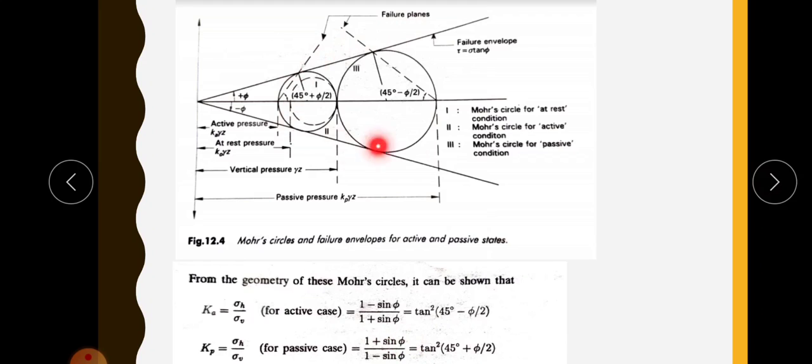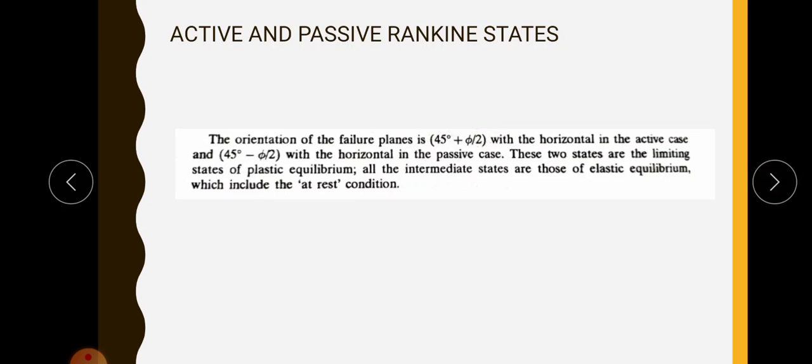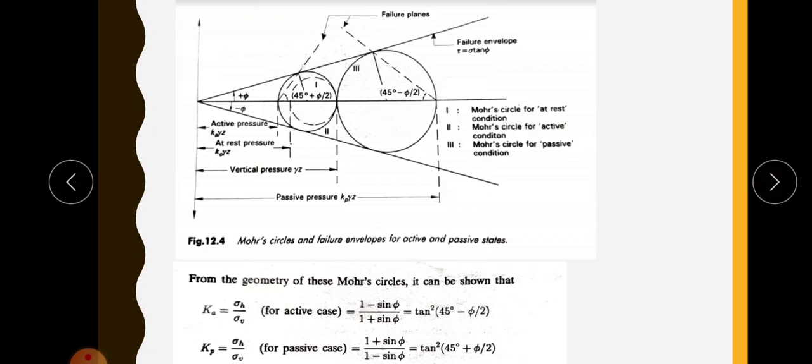But in the case of the inclination of the failure plane, it is just the reverse. For active it is 45 plus phi by 2, and for passive it is 45 minus phi by 2. All these things we derive from this Mohr's circle, but the derivation is not required. So just remember these equations.